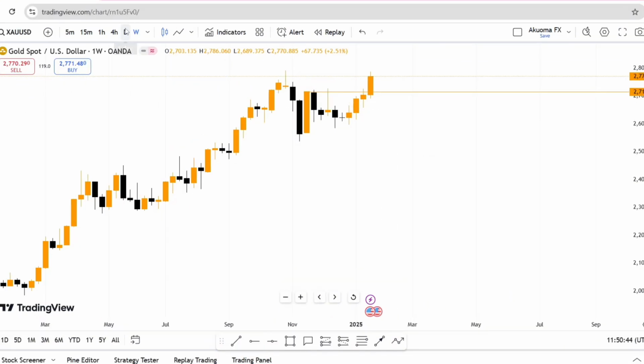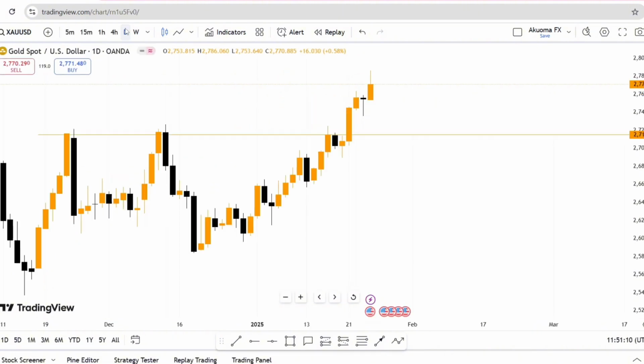Let's go over to the daily time frame. This is just a top-down analysis to simplify what is currently happening in the market so that it becomes clearer and you can know which action to take.